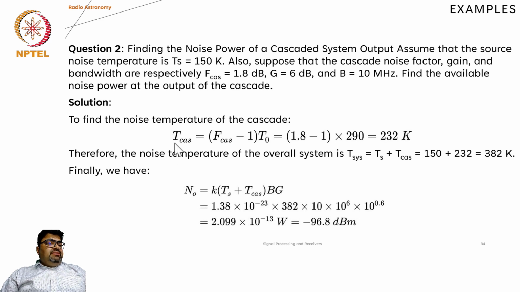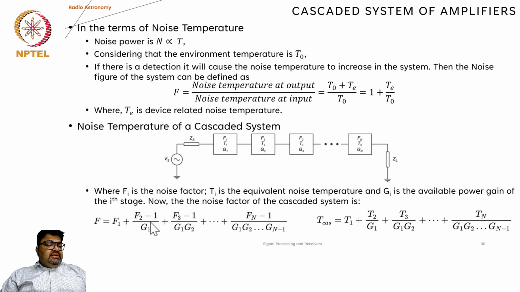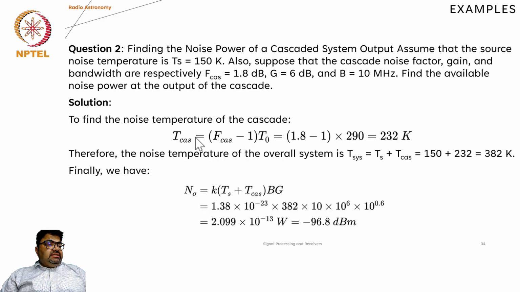So going by the previous slides, if we go back to the slide where we discussed the cascade, the noise figure F is 1 plus Te over T0. Let's see if we can solve this. So T cascade is given by F cascade minus 1 times T0, that is 232 Kelvin.